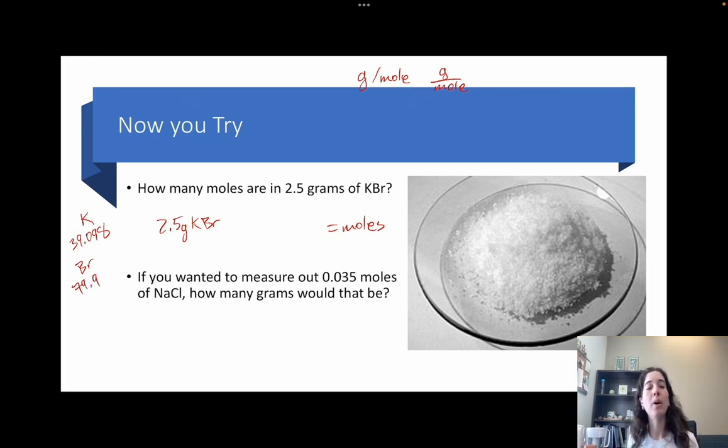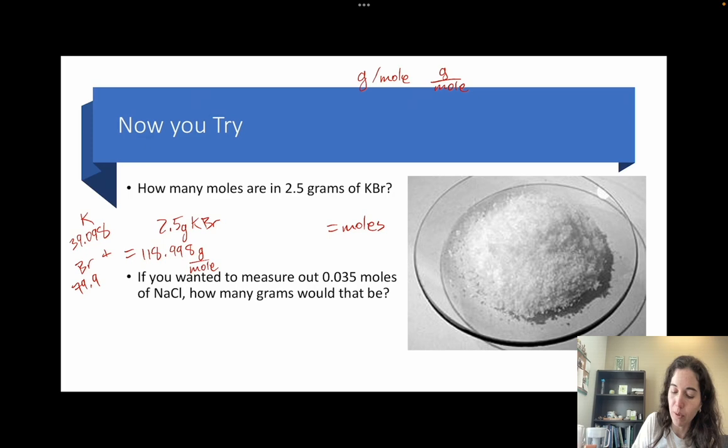So if we wanted to know the mass of KBr, we need to add these together. So we'd add these two numbers, which gives us 118.99. So you can just round that up. And that's in grams over moles. So for 1 mole, this is how many grams of KBr there are, which lets us convert.